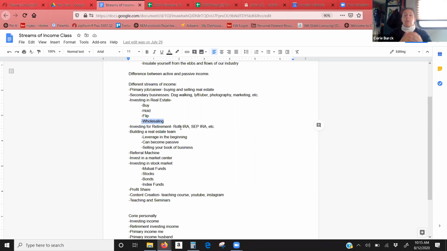Basically, they analyze the numbers of what it would go for completely renovated. They see what it's actually worth now in the condition it is. And then they undercut that even more because these are typically distressed sellers.